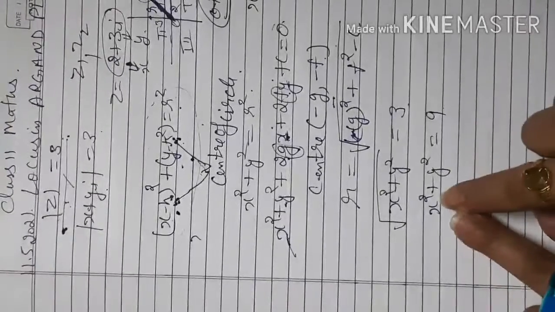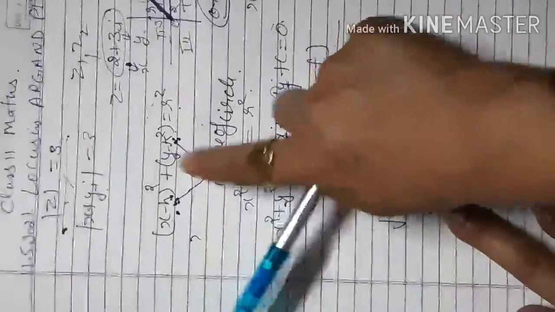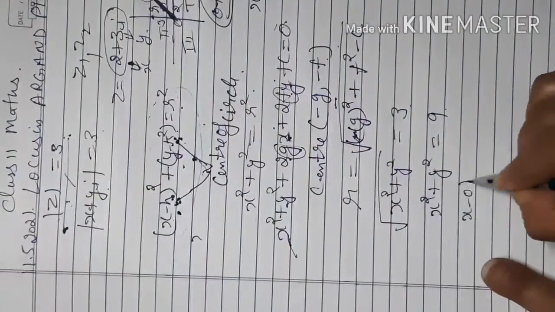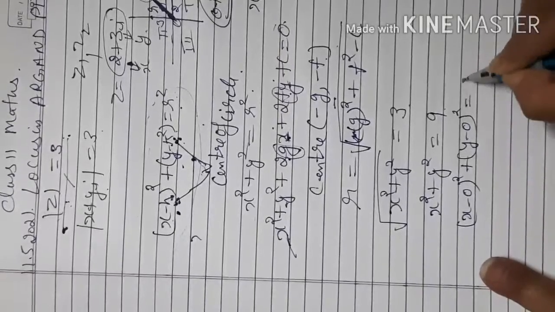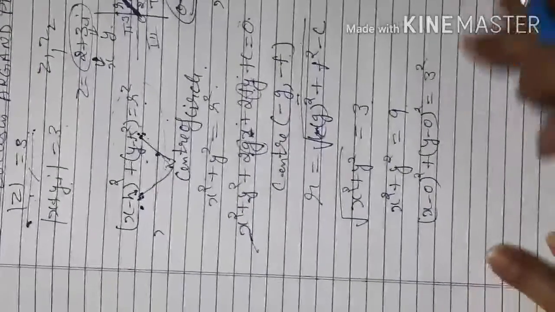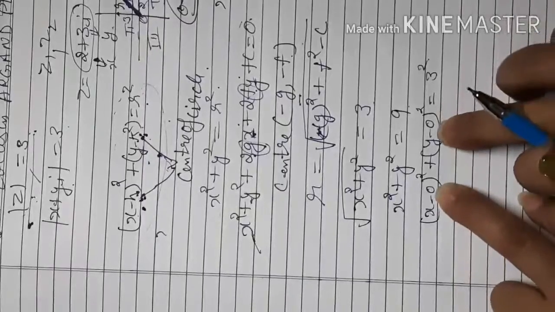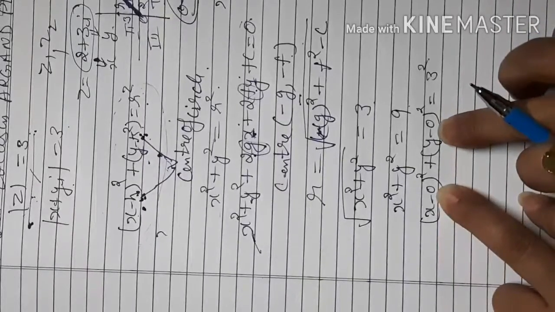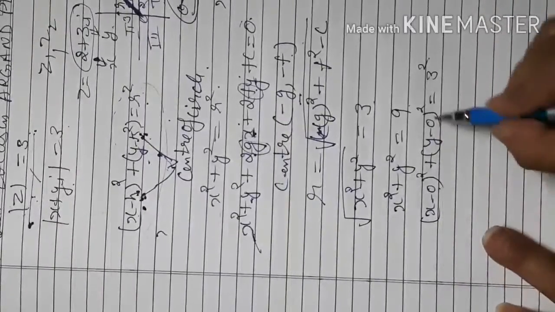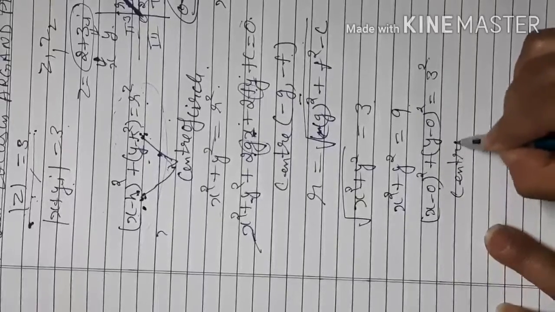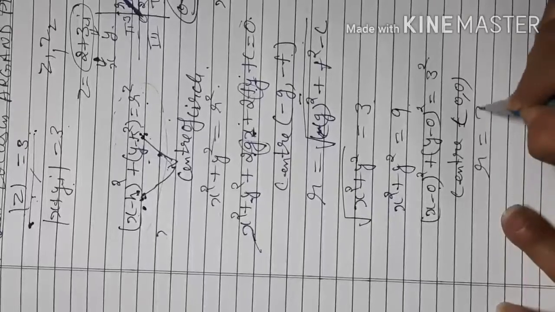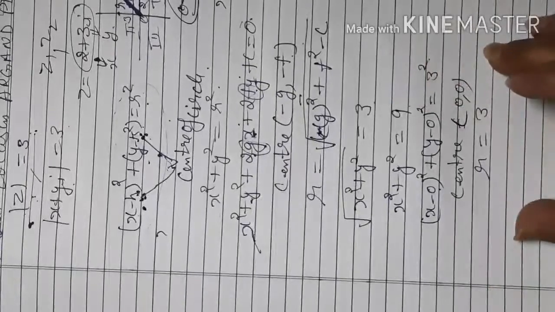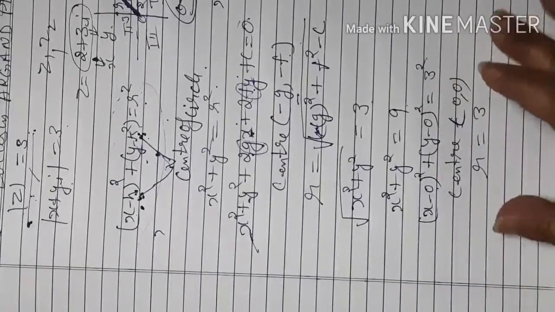If I compare this with this equation, that means (x minus 0) square plus (y minus 0) square is equal to 3 square. So when you compare this, h, k represents 0, 0, which means the center of the circle is (0, 0) and the radius is equal to 3. This way I can find it from the equation.